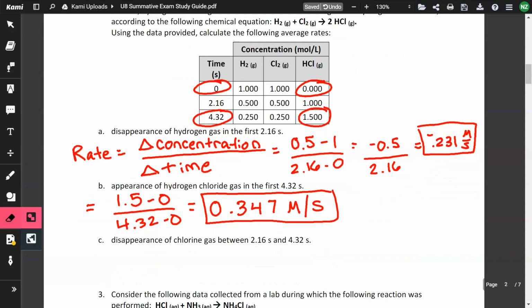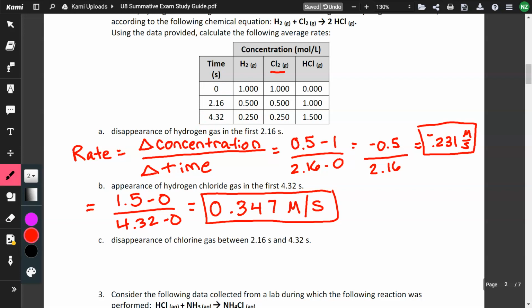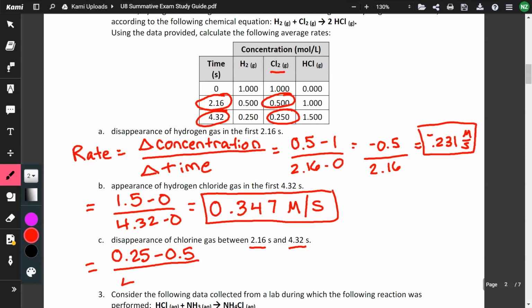Okay, now we're moving on to chlorine gas. So we're looking at chlorine gas. It says between 2.16 and 4.32. Okay, so it's going to be 0.25 minus 0.5 over 4.32 minus 2.16.